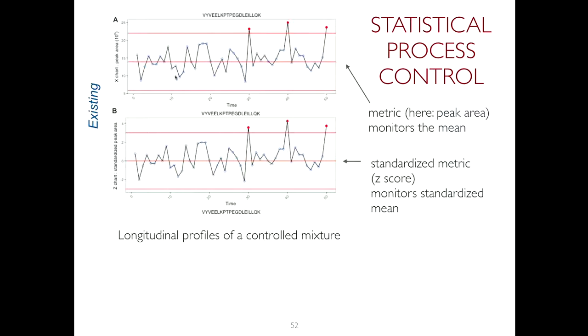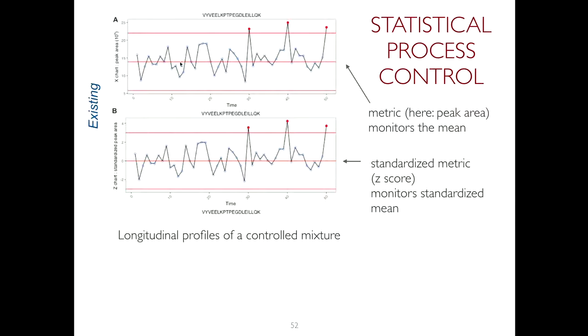This is what is currently used, and it's actually implemented in Panorama as well, and also in an external tool for Skyline. So you can, for example, here monitor through time, in this case, the peak area of a particular peptide, which is a standard peptide. This peptide can be spiked into your endogenous samples, or it can be just in a standard mixture which you profile at the same time.